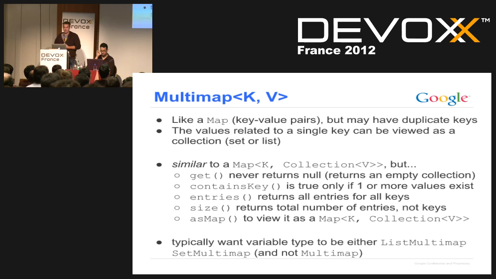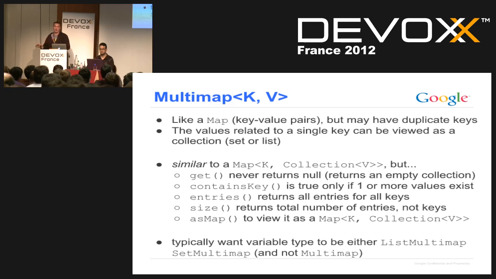Multi-map. This is sort of similar to a map in that it keeps key value pairs, but there might be duplicates. So the values that relate to a single key can be viewed as either a set or a list. And again, this is sort of similar to a map from K to a collection of V, but get never returns null.